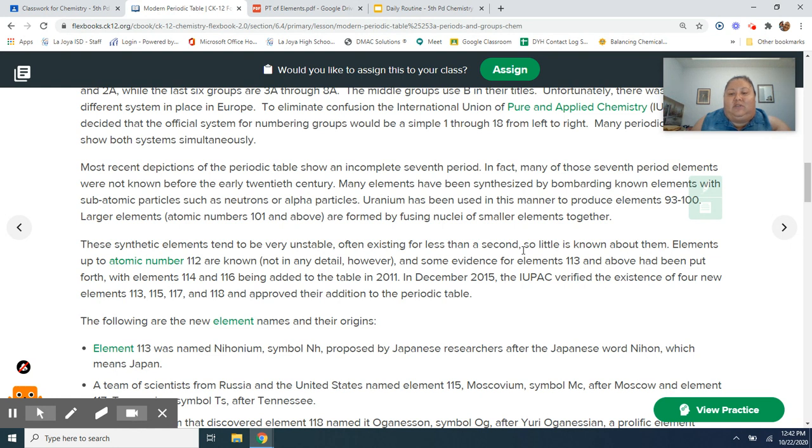Some evidence for elements 113 and above has been put forth. Elements 114 and 116 were added to the table in 2011. In 2015, the IUPAC verified and acknowledged the existence of elements 113, 115, 117, and 118, so they are now on our periodic table.